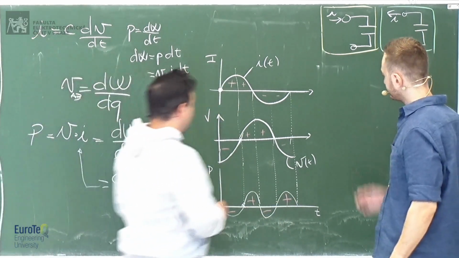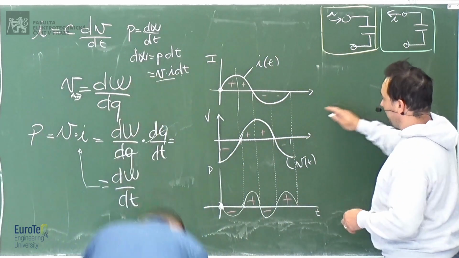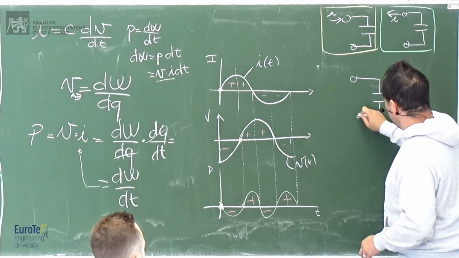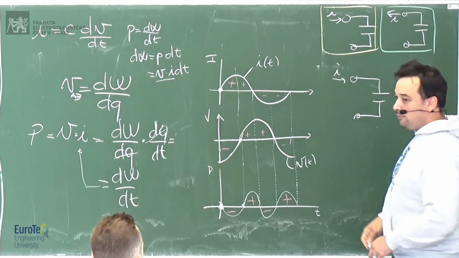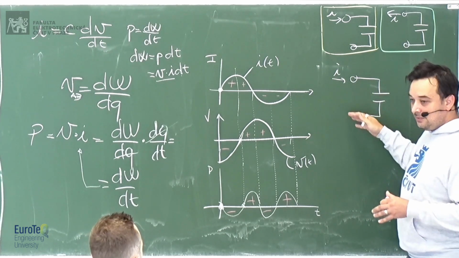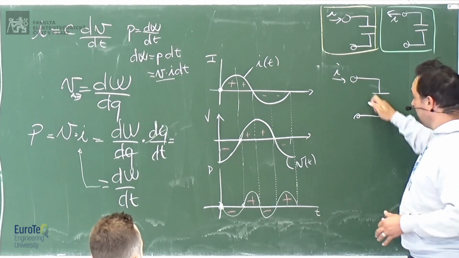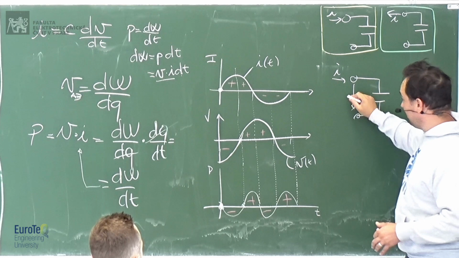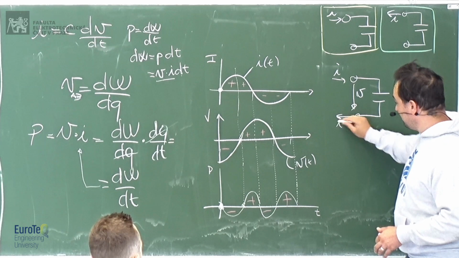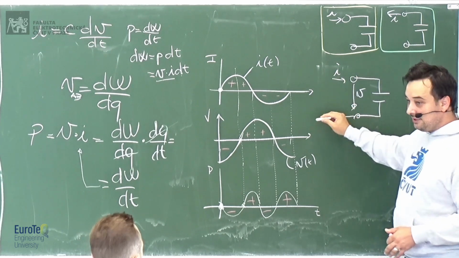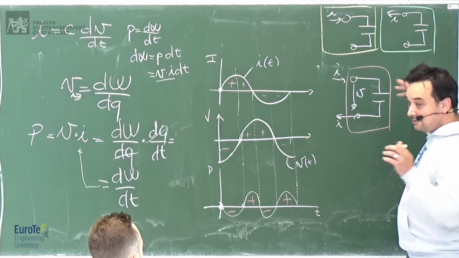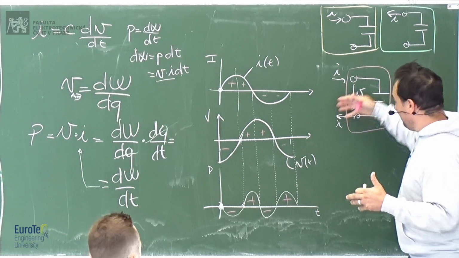So what happens, in fact, in the first part? It's true that we are giving a current in, so you might be led to think that we are giving power to the capacitor. But the voltage is negative. If you watch from this side, the current enters here but goes out here. So what is that? It's simply a generator, a source of power.